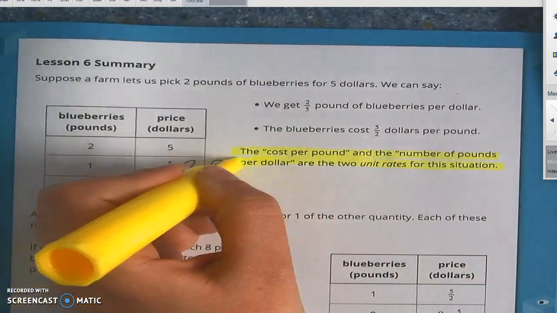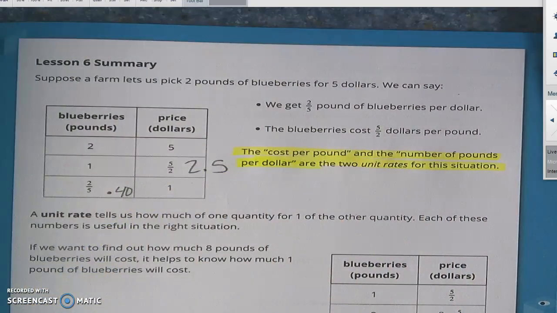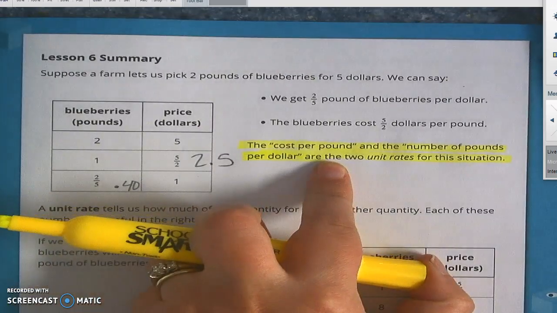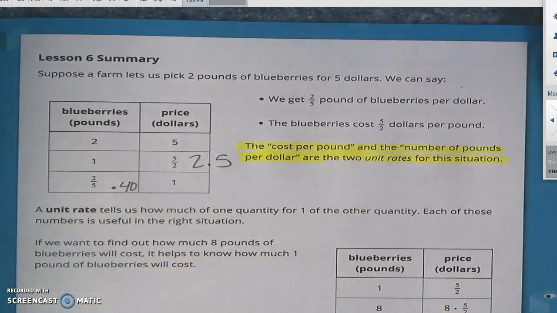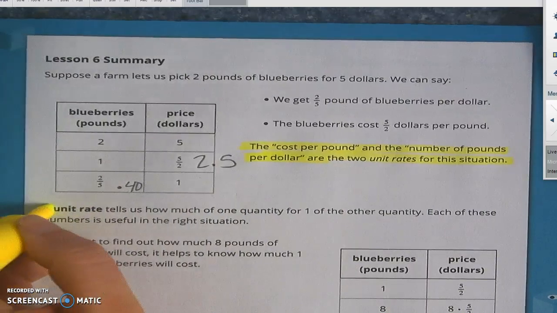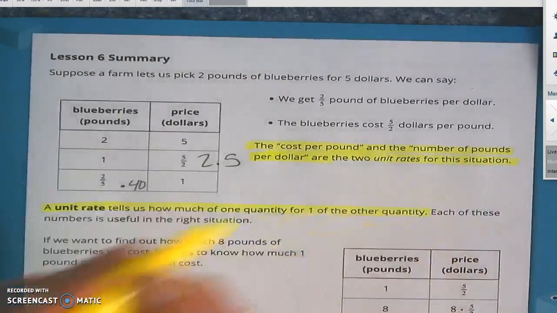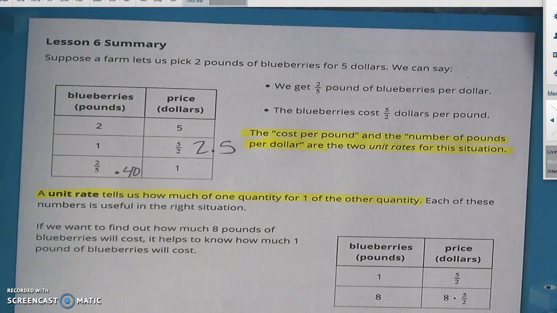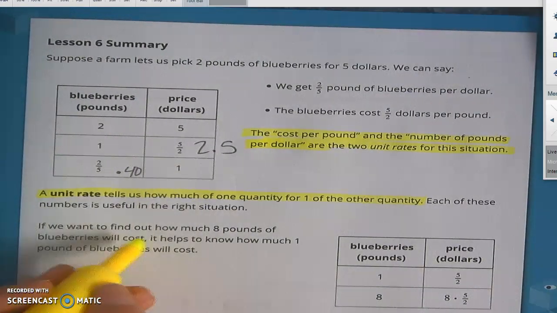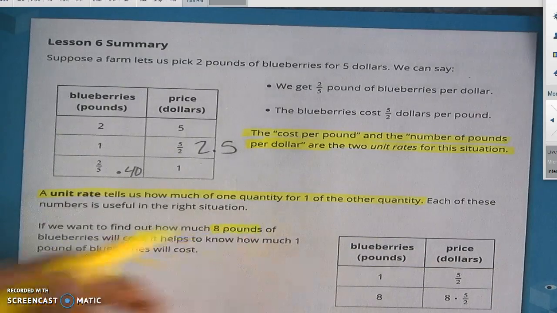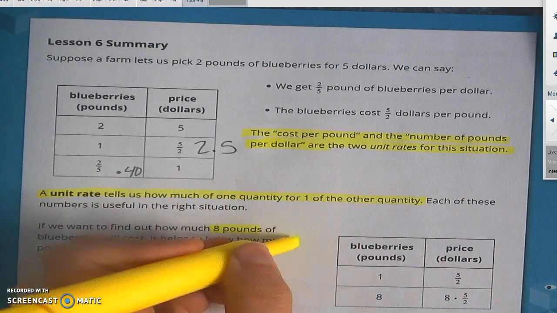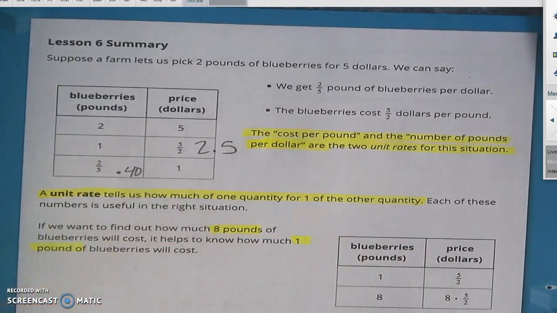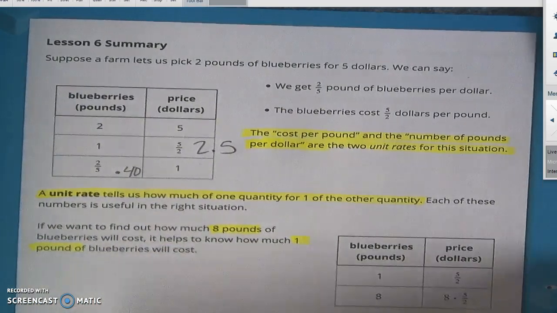So we can find 2 different unit rates. We can figure out how much it costs for 1 pound or how many pounds for $1. A unit rate tells us how much of one quantity for one of the other quantity. Each of these numbers is useful in the right situation. So if we want to find out how much 8 pounds of blueberries will cost, it helps us to know how much 1 pound is, because then we just multiply by 8.